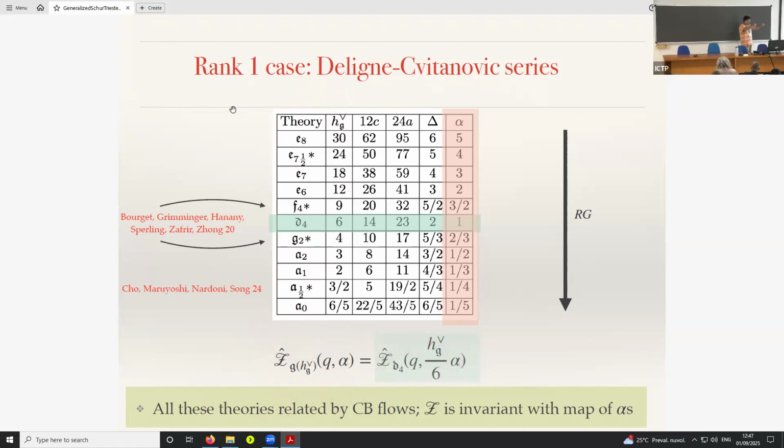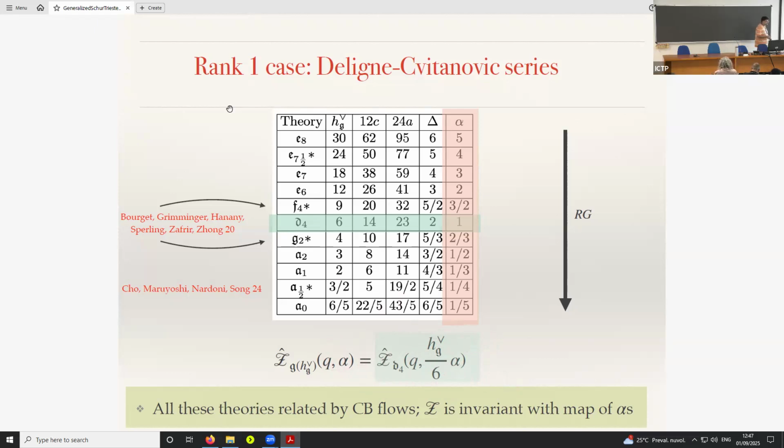So again, you have this sequence of theories which are related by renormalization group flow, and any index is encoded in any other index, but with a different value of alpha. There is some non-trivial map of these alpha parameters. Again, this is an experimental observation. I don't have a proof why it has to be so, and soon I will tell you that it's not always so. But this is an observation for these particular theories. Okay, any questions about this statement?